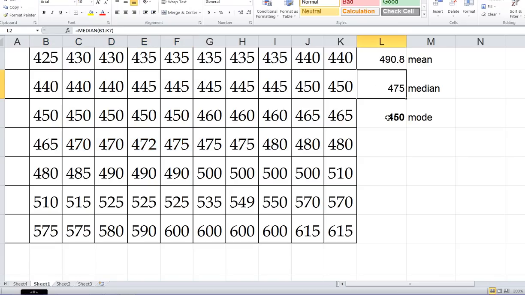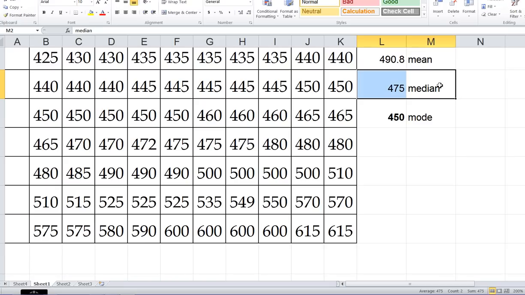Now let's go back to our list here so we can look at the percentiles real quickly and talk about what they are. Let me go ahead and introduce it here. A percentile is a number that tells you that a certain percentage of your data are less than that number.